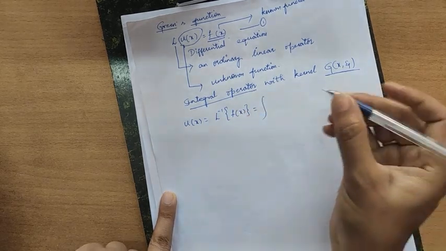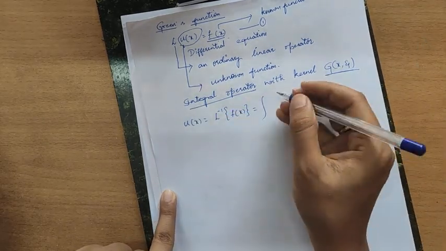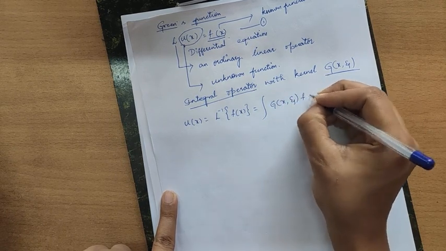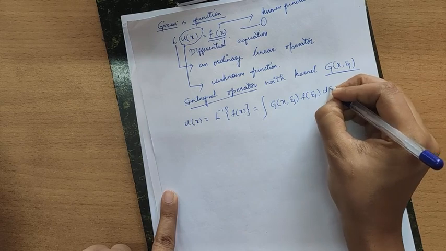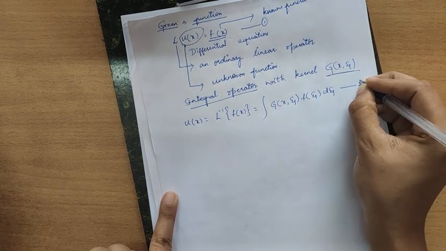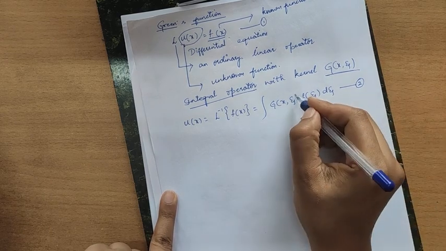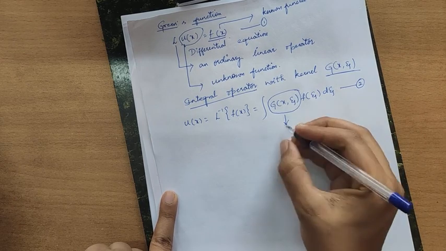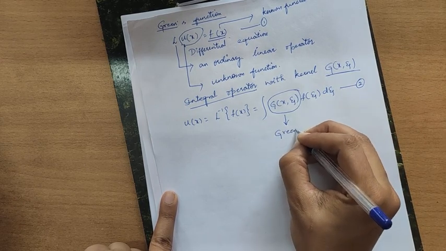This will be equal to integral operator, so integration symbol. This is my kernel g of x comma z, f of z dz. This is the form. I will call this equation as equation number 2. The kernel g of x comma z is nothing but your Green's function.